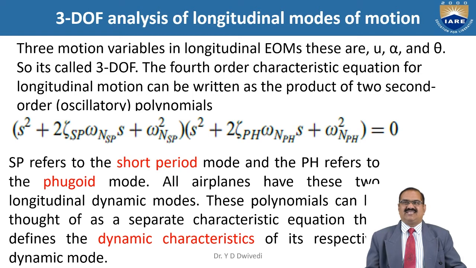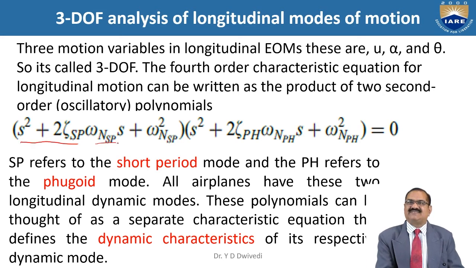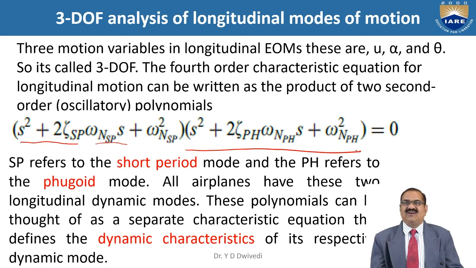The fourth order characteristic equation for longitudinal motion can be written as the product of two second order oscillatory polynomials. As mentioned in this equation, you can see that we have got two polynomials. The first one is s squared plus 2 zeta_sp omega_n_sp s plus omega_n_sp squared, and the other is s squared plus 2 zeta_ph omega_n_ph s plus omega_n_ph squared.